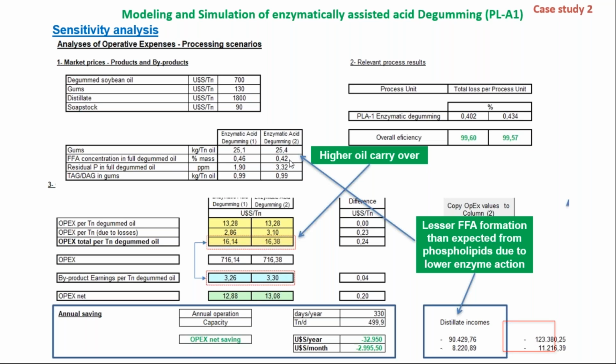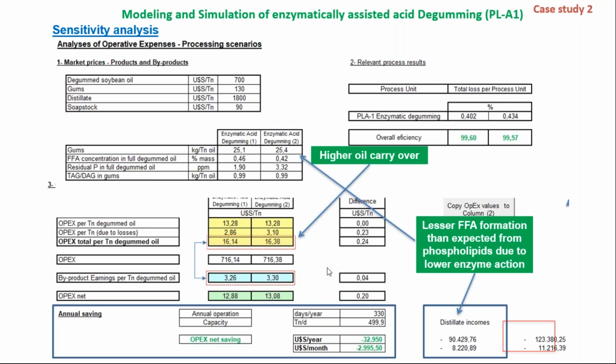Okay, a lower free fatty acid concentration in the fully degummed oil, which is not good because we are expecting to translate gums into distillates. So this is not good, and we have a little bit higher residual phospholipid content than before in the fully degummed oil.